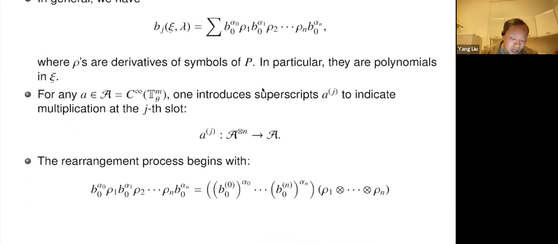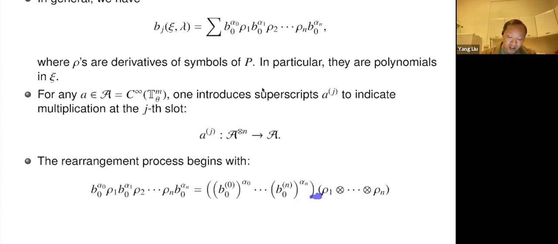Then the next step is that we first do this rearrangement. How do we factor out these B0's? Here is basically just a definition. We introduce, for any element, a super subgroup, say J. It means that this AJ, when acting on a tensor like rho 1 tensor rho n, is just multiplication at J slots.